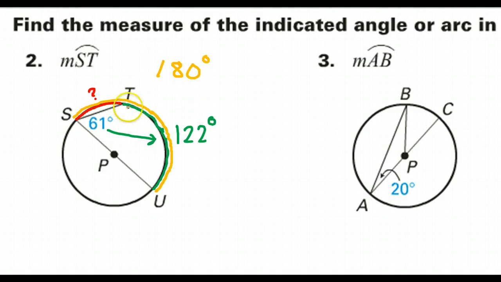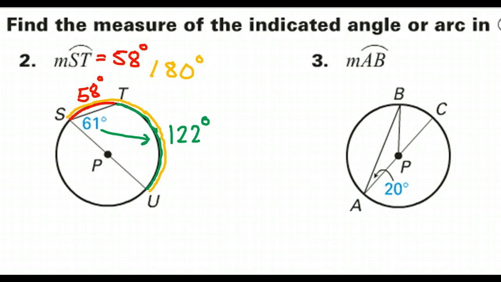So if the green part is 122 degrees, we should be able to just subtract 180 minus 122, and that should leave me the red. So the measure of arc ST is 58 degrees. I'll just go ahead and put it up here as well. 58 degrees. Alright, moving on to number 4.